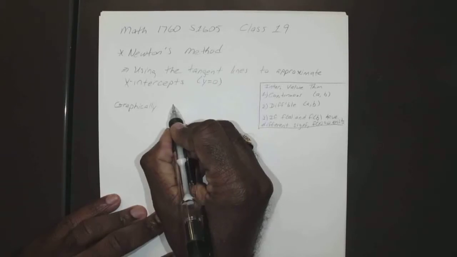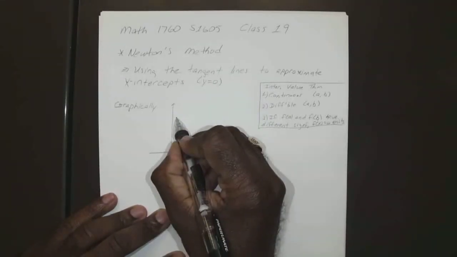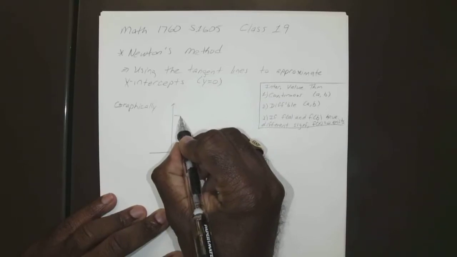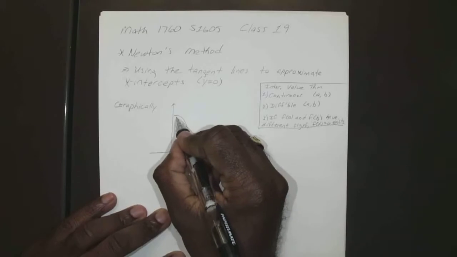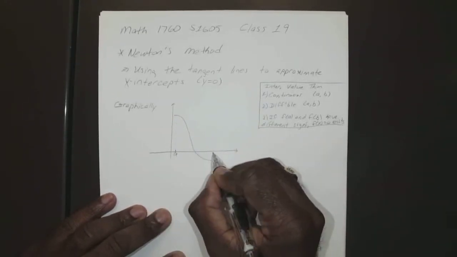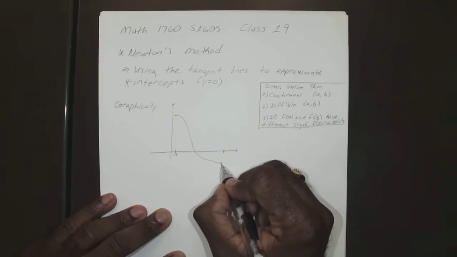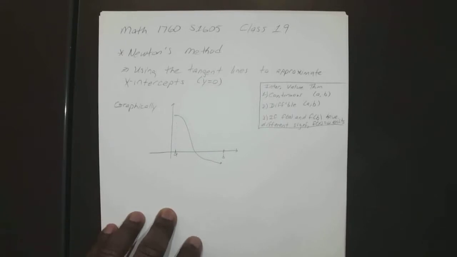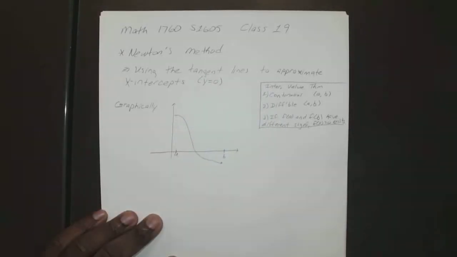All right, so let's say if we have a particular graph that's continuous from a to b, let this be our a, and let's say somewhere down here is our b. So it's continuous from a to b. It's differentiable.